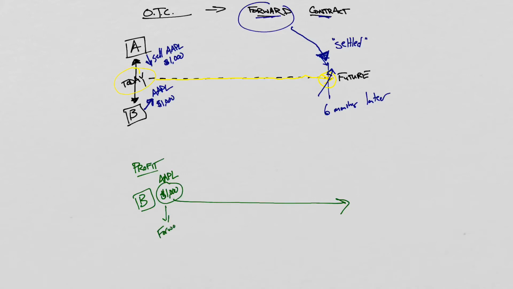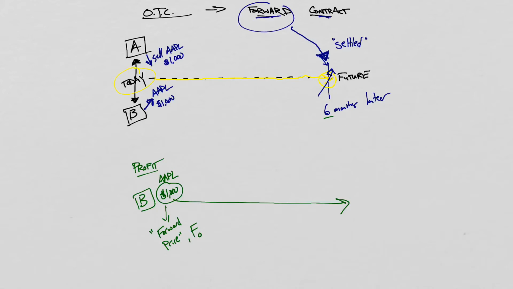That's the price at which they agree today to transact in the future. And let's just call that F. And let's say F sub 0 here because that's today. 0 is today as opposed to 6 months later.